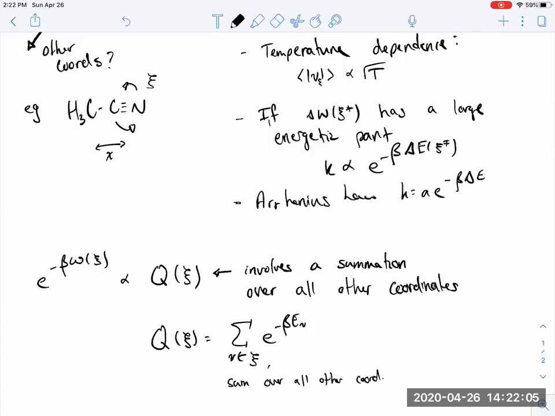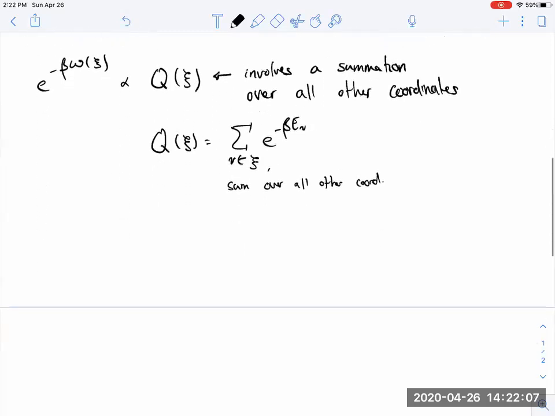So in some sense, implicit in that Boltzmann factor is a consideration of those other coordinates. The total reversible work, the total free energy to change the tagged reaction coordinate, this C, depends on those other coordinates implicitly through that sum.